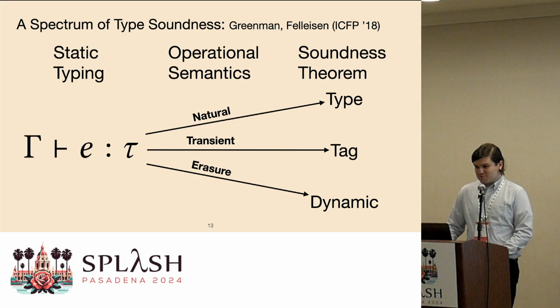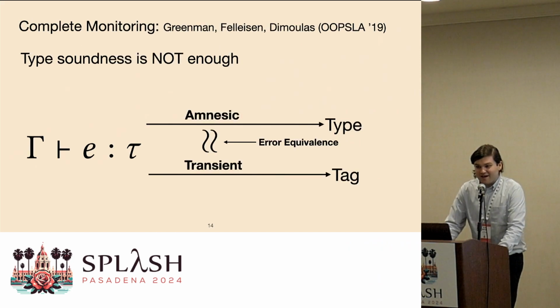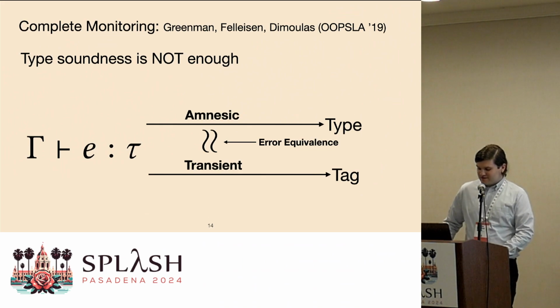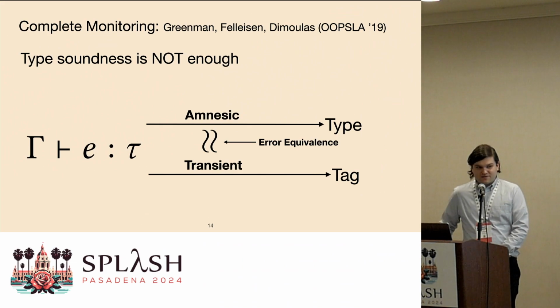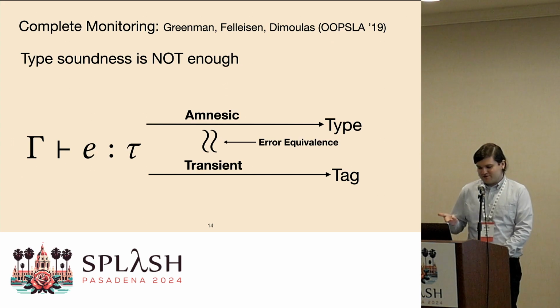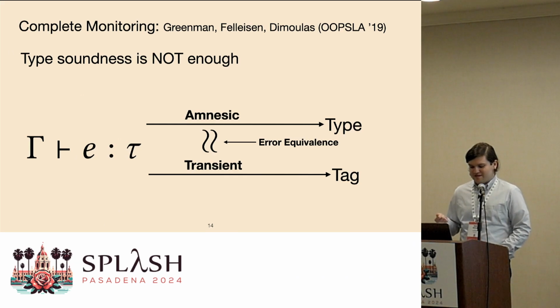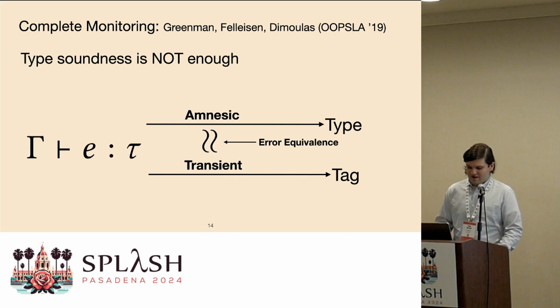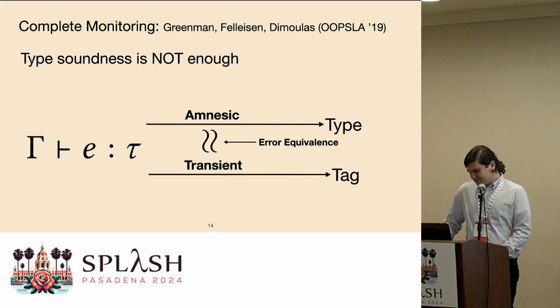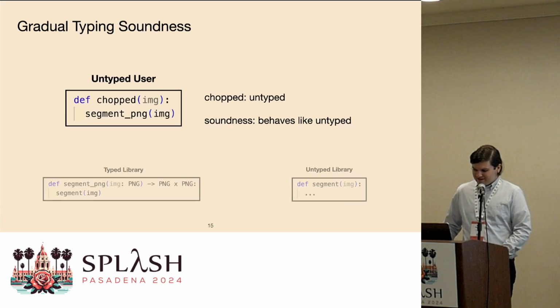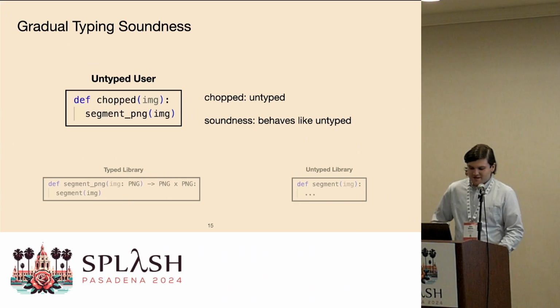And to make matters worse, it turns out that type soundness is not even enough, because they showed that there's another operational semantics that's error equivalent to transient and yet has the same kind of type soundness guarantee as natural, which is quite odd.